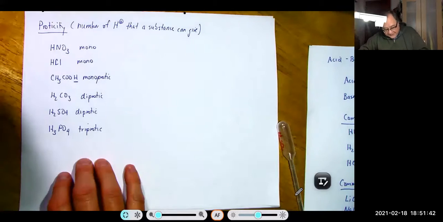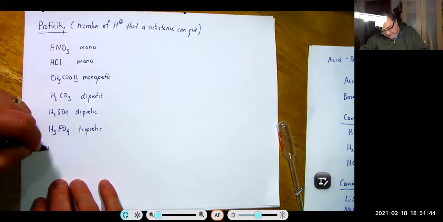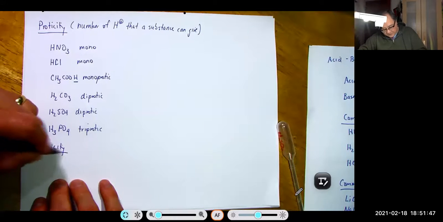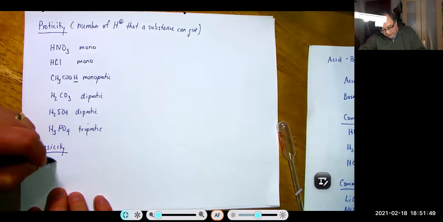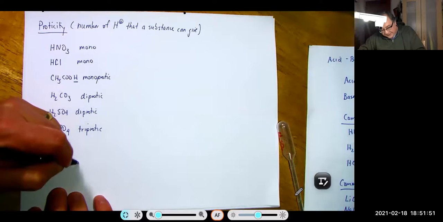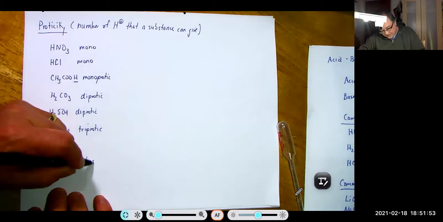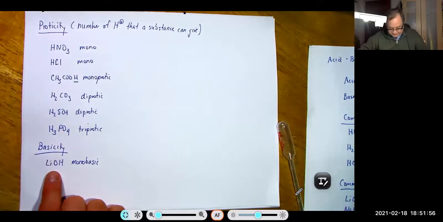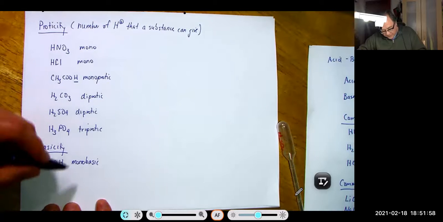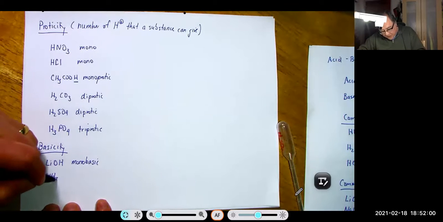There's also basicity. So lithium hydroxide would be monobasic because it has only one OH. NH3 is monobasic.